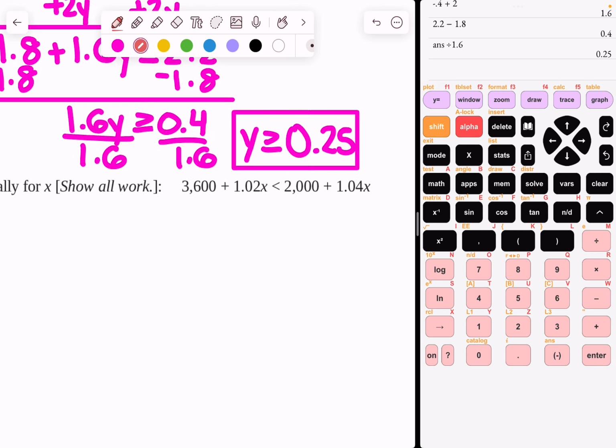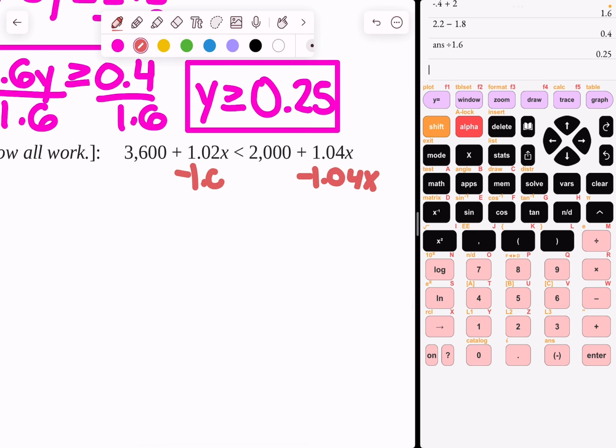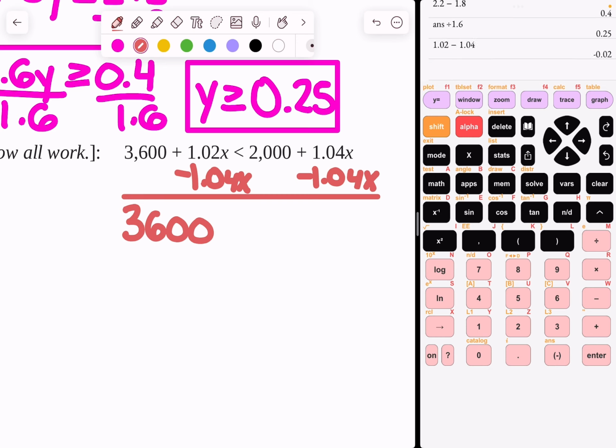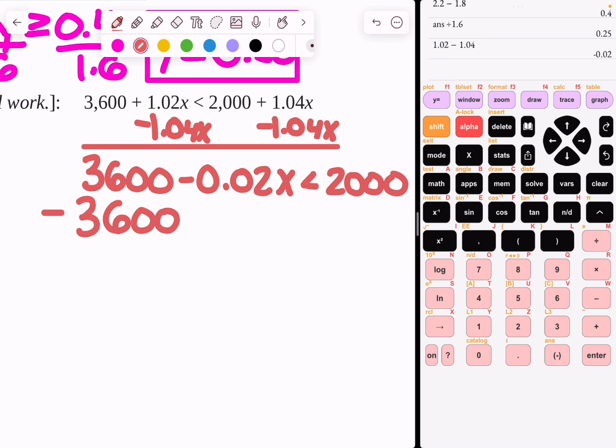Let's look at 28. I'm going to bring my x over by minusing 1.04x. So I would get 3,600, 1.02 minus 1.04 gets me negative 0.02x is less than 2,000. Now I'm going to subtract 3,600.